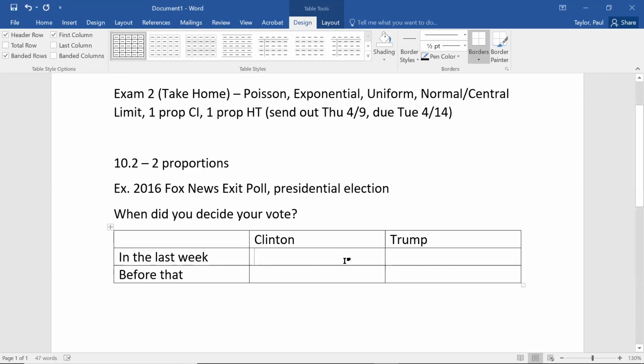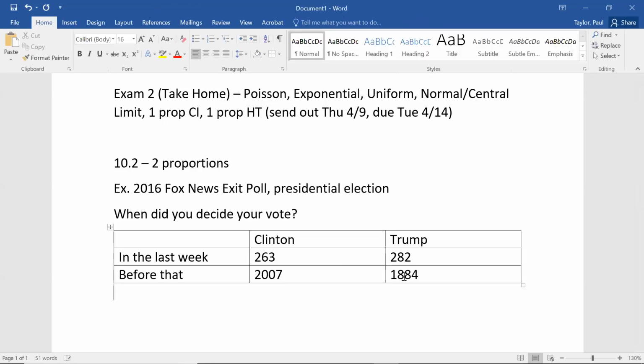So in this poll, there were 263 who voted for Clinton and only decided to vote for Clinton in the last week. And there were 282 who decided in the last week and then went with Trump. And then before that group, there were 2,007 who voted for Clinton and 1,884 who voted for Trump.